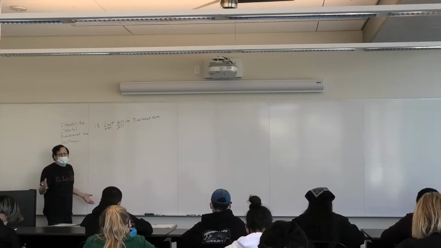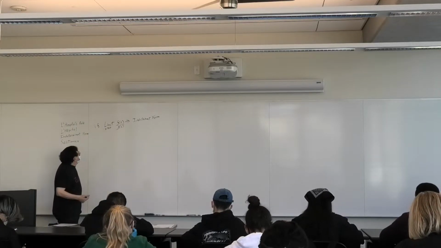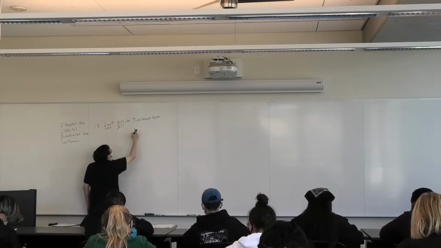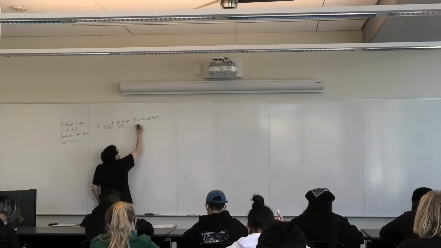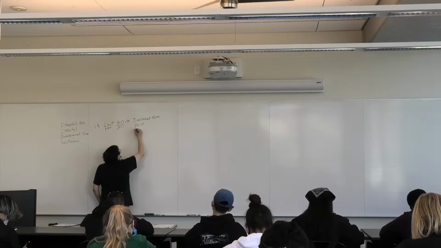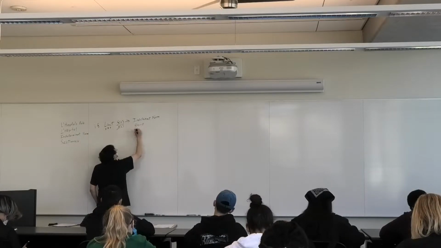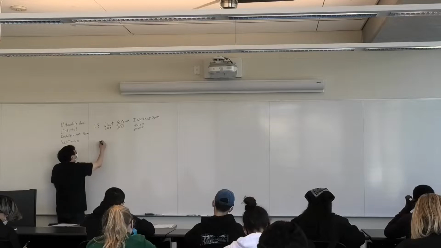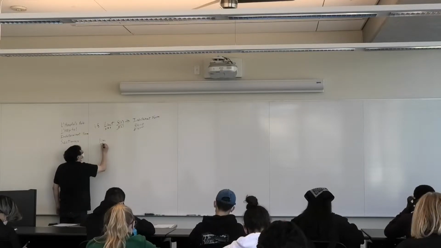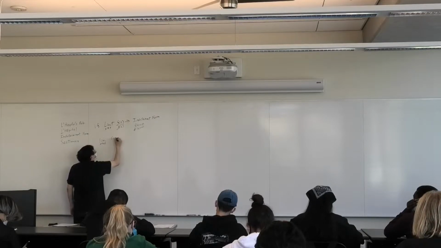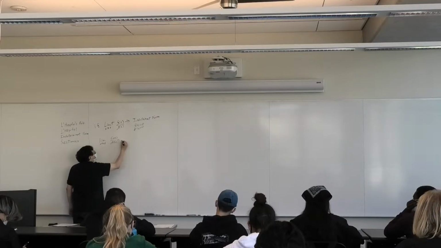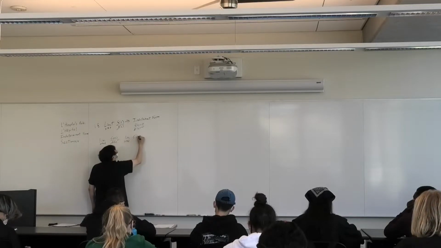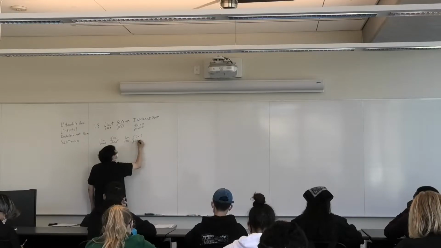You can expand this to other values. No, we can just say a, all right? For now, think of indeterminate form as f of a equals 0, g of a equals 0. If that's the case, then the limit as x approaches a of f of x over g of x is equal to the limit as x approaches a of the derivative of f of x over the derivative of g of x.